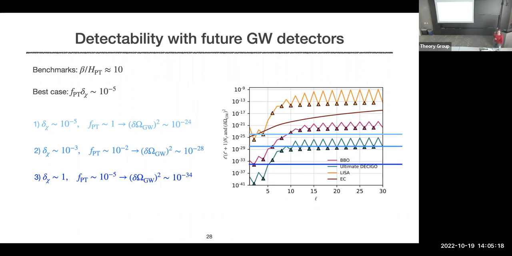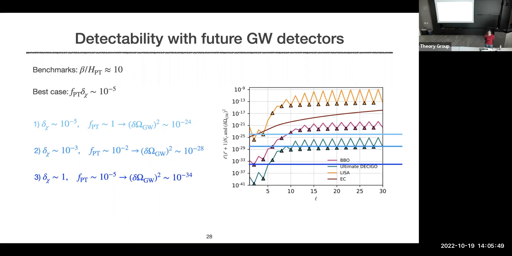Excuse me. For a given phase transition model, when the FPT gets smaller, how does beta over H change? It doesn't. Beta over H is just a property of the phase transition. Also the expansion rate is important. When some path is a subdominant component of the universe, for a given temperature, the expansion rate of the universe gets larger.